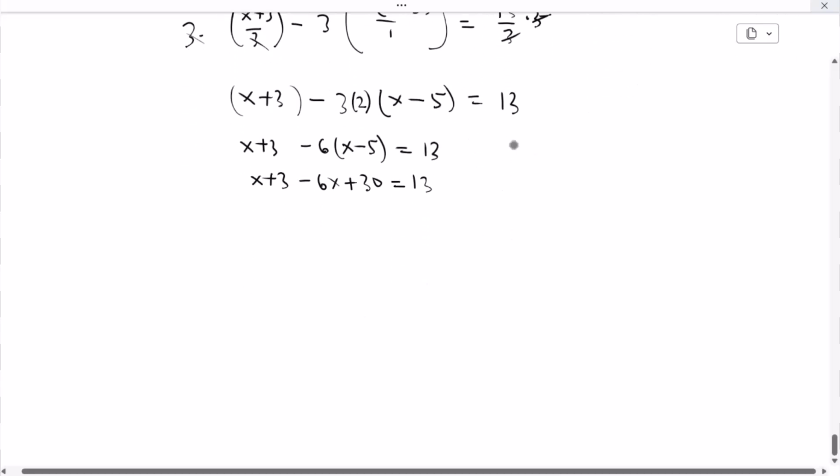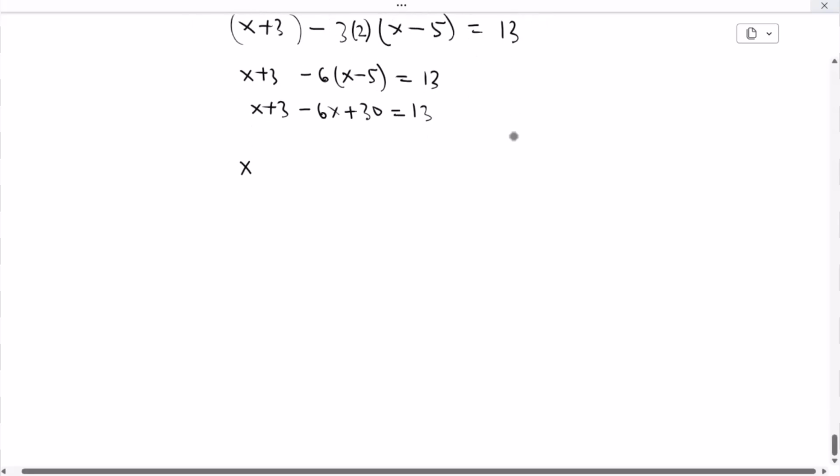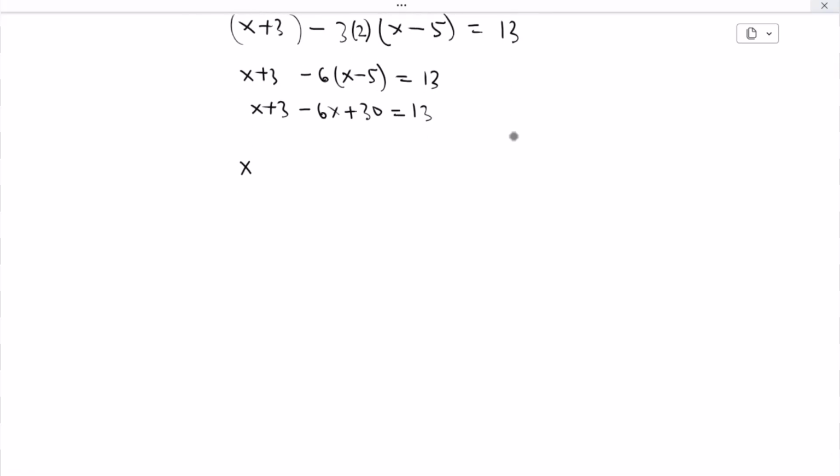Solving for x, we can group terms together. We'll be having x minus 6x as like terms.